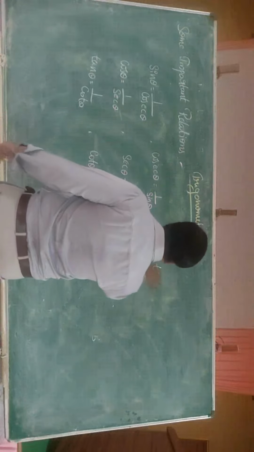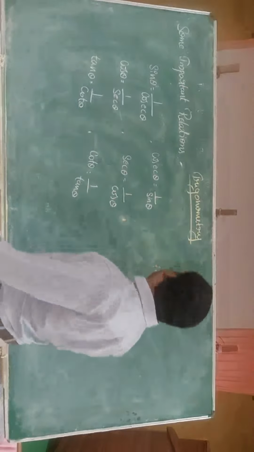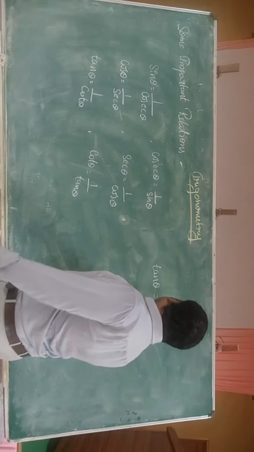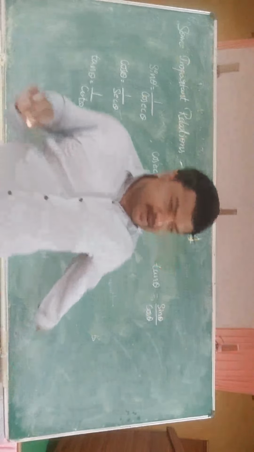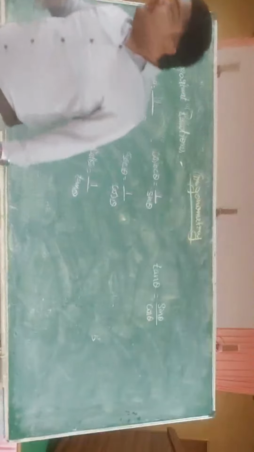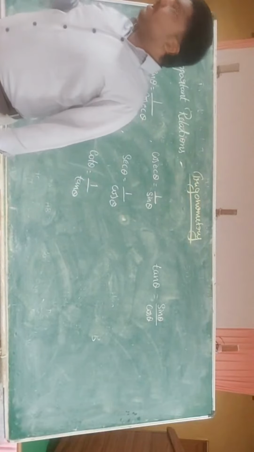Correct? And tan theta, how can we express it in the form of sin and cos? Tan we can express as sin theta upon cos theta. Based on the ratios, sin theta is opposite upon hypotenuse and cos theta is adjacent upon hypotenuse.